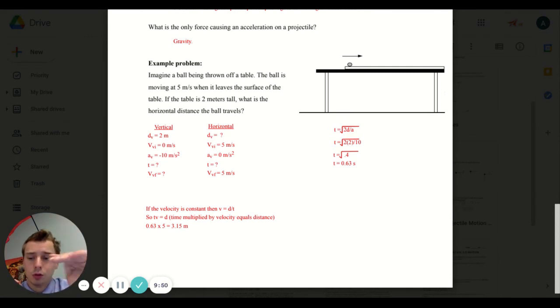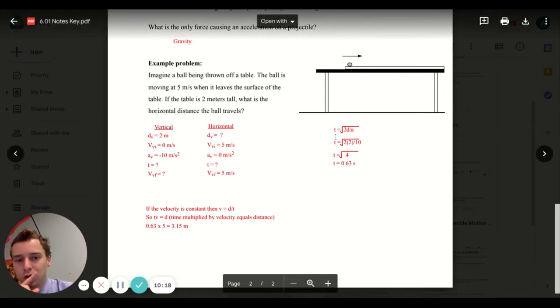So when I'm doing these problems, the time it takes for the object to hit the ground horizontally is also the time it takes for it to hit the ground vertically. So that's kind of how I'm going to do this: I solve for time vertically, and then I can figure out the distance or the displacement horizontally.